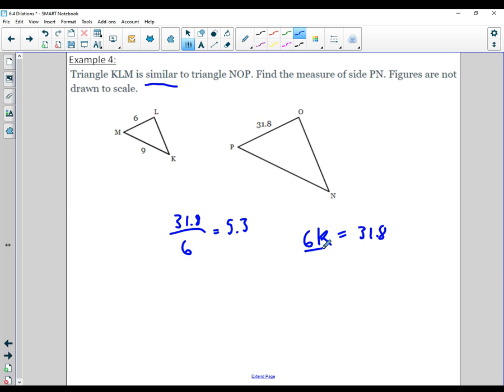And then how do you solve for k? You divide both sides by 6, and then you get the same thing, 31.8 divided by 6, which is 5.3. So either way, you found your scale factor.